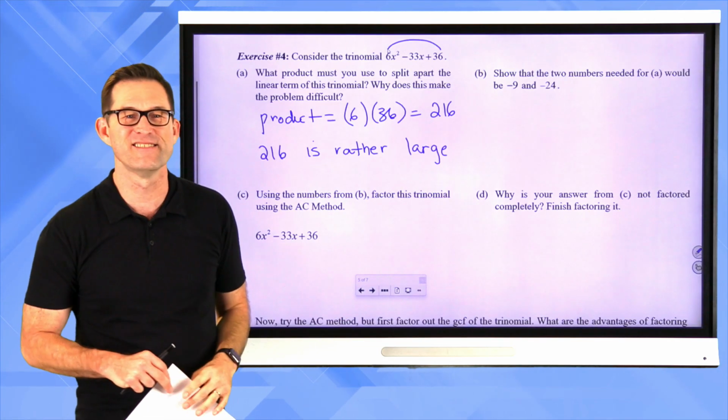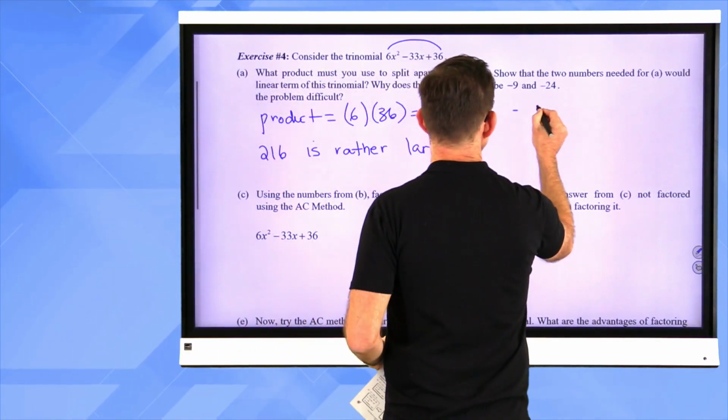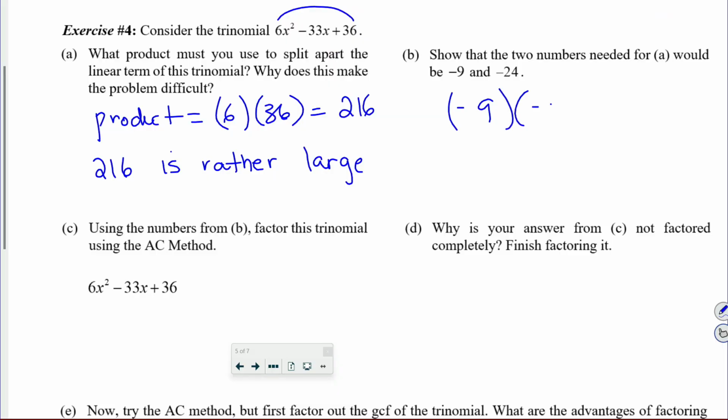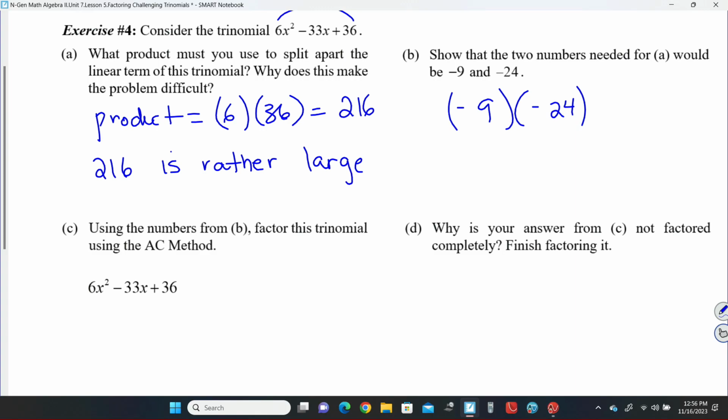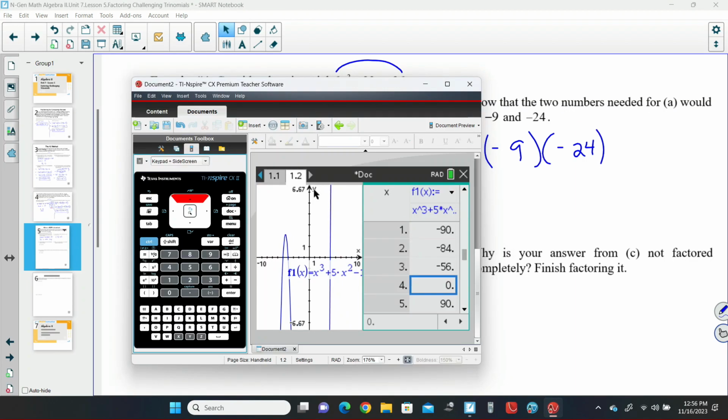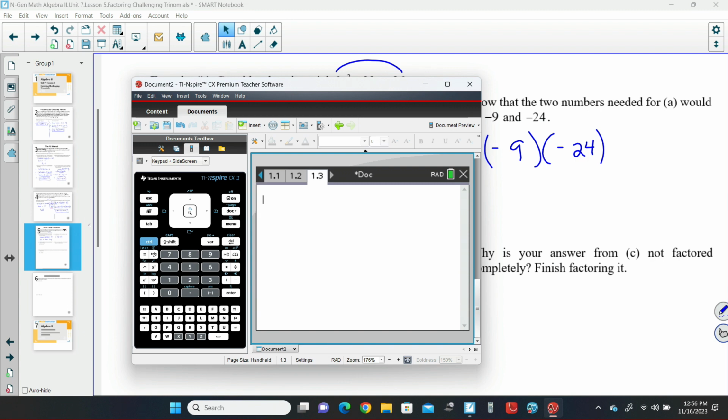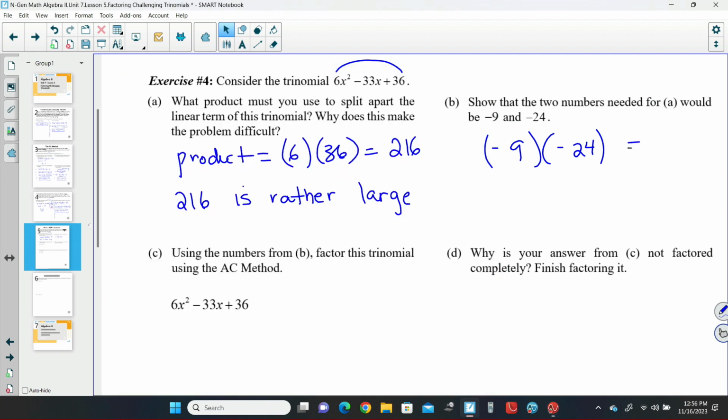Well, that's easy enough. Let's do this together. Negative 9 times negative 24. I could just grab my calculator, and negative 9 times negative 24 is 216.